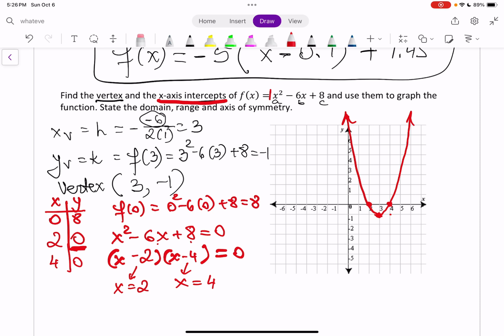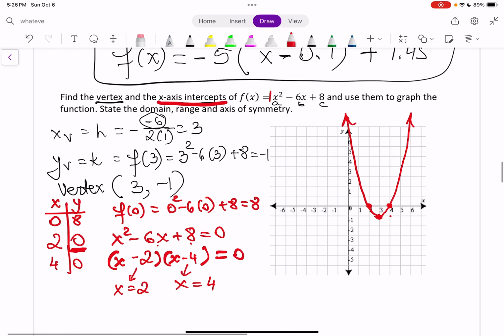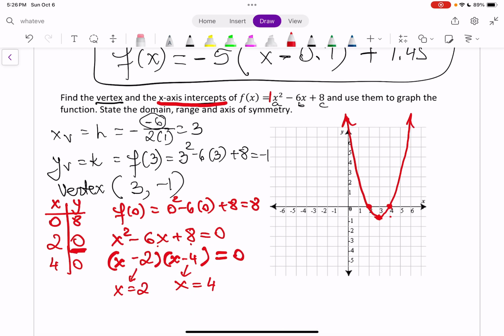Okay, so either way, with what I was explaining to you earlier about how a shapes the graph and how easy it is to find the vertex, but we put to good use solving quadratic equations, which we practiced at the beginning of this chapter. That's also very helpful as well.